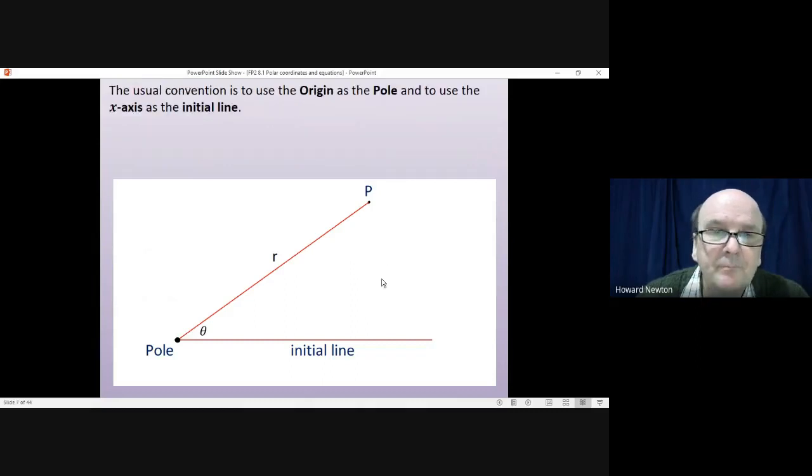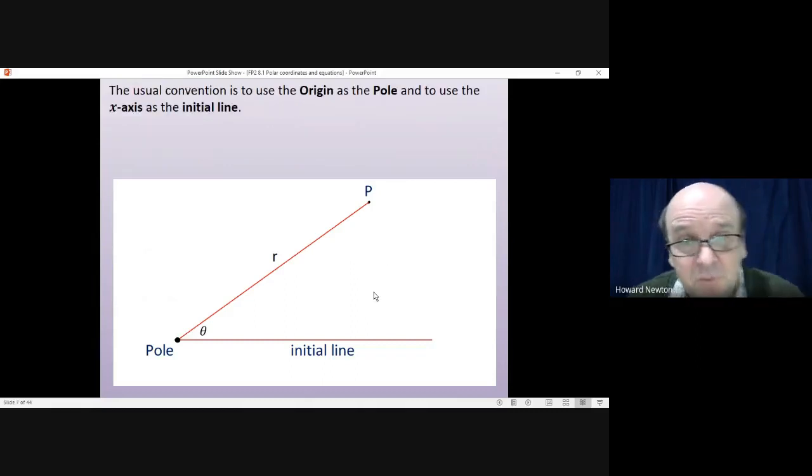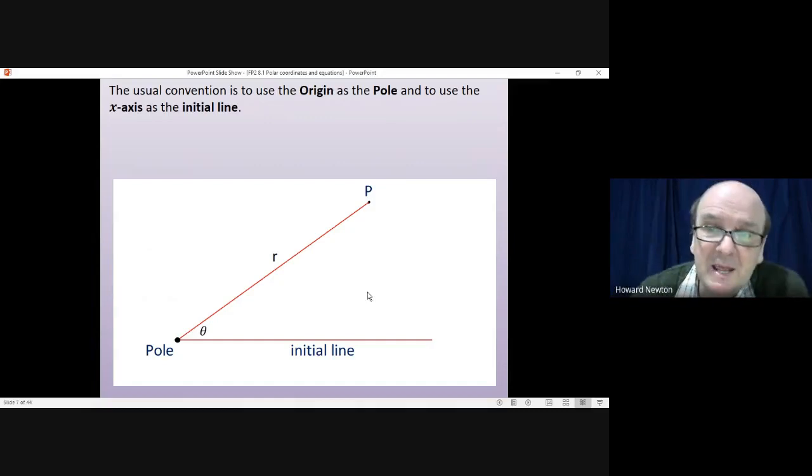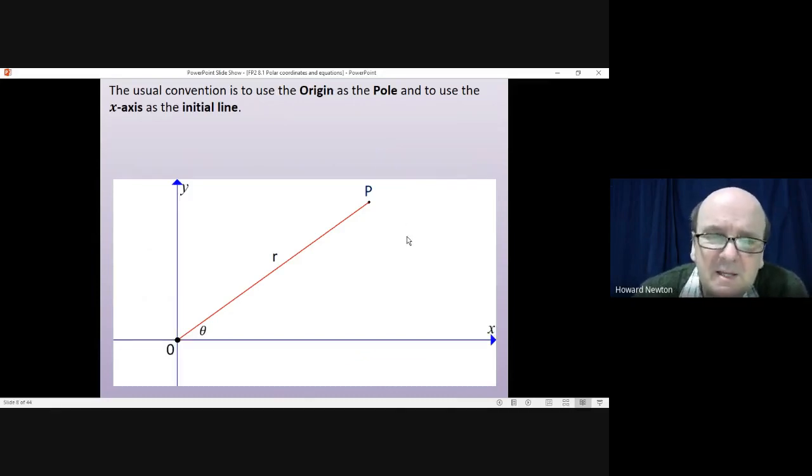The usual convention is to use the origin as the pole and to use the x-axis as the initial line. And it does make things look a lot simpler if you do that. And I think nearly all questions that you will meet will probably do that.